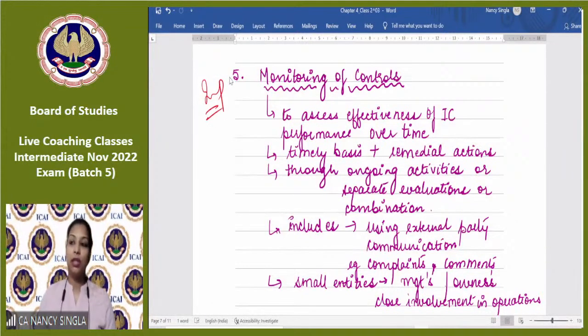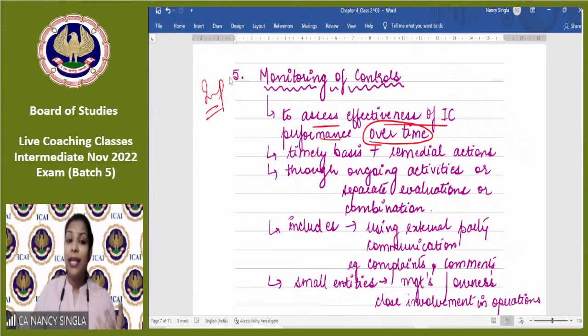Monitoring of control. Monitoring has to be done, only then will it work in an effective manner. So what is meant by monitoring? It is a process to assess the effectiveness of internal control, not at one particular time, but internal control performance over time during the period, whether it is effectively operating or not.